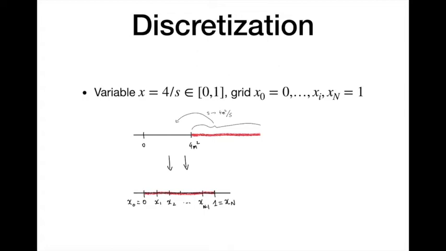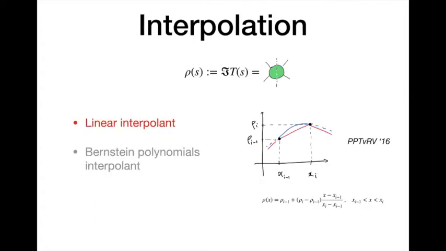So just a few steps to make this numerical. You want to know the value of the function on this axis, so you discretize it. Before discretizing, you map this to 0, 1 by inverting S. So you want to know the values of the function between 0 and 1, and you discretize on a grid.